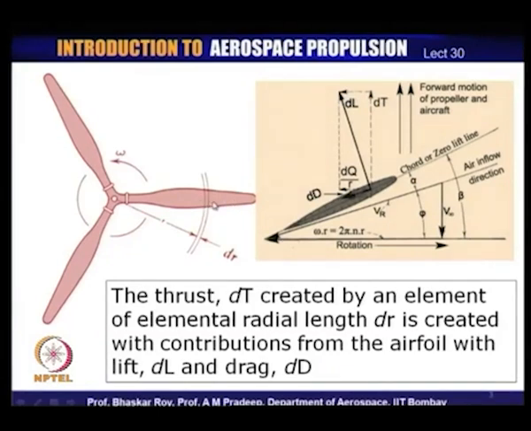So, it is somewhere between 50 to 75% that you have what can be called a representative blade section. This representative blade section is the first section that is typically designed by the designer, and it carries the average characteristics of that particular propeller.